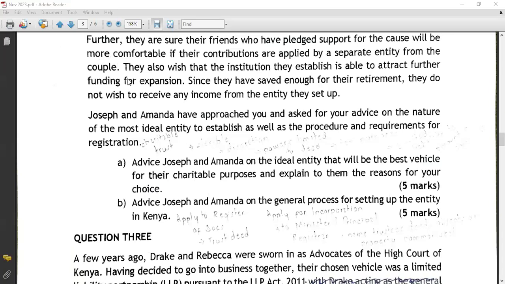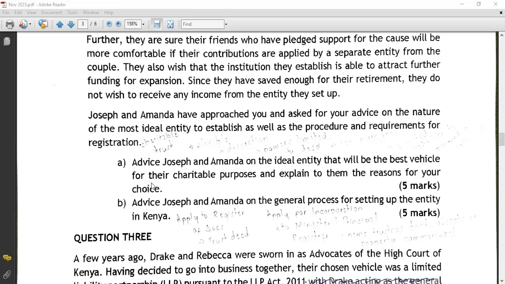When it is registered, it has a separate legal entity. In case of insolvency, the directors pay the debts or loans up to the amount which they have guaranteed. So that is one of the advantages. Of course, they don't pay, because it's charitable.